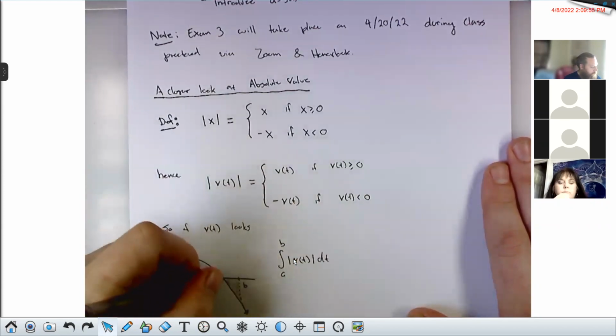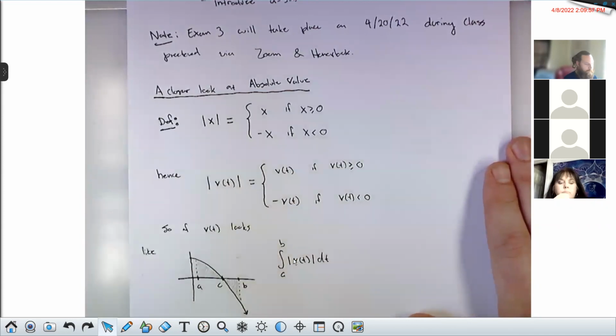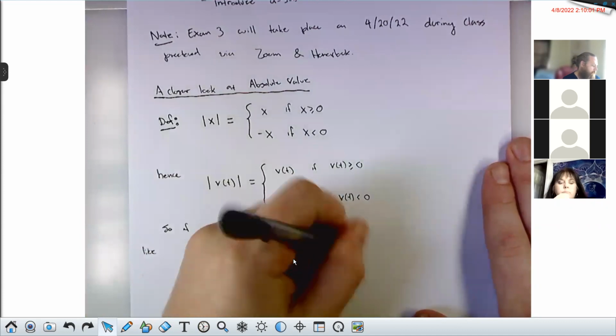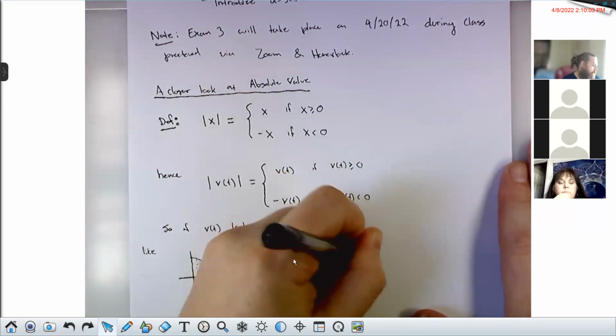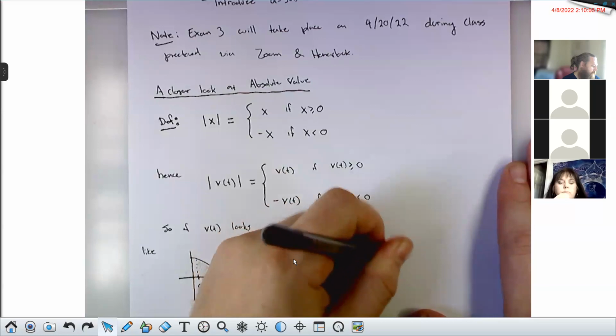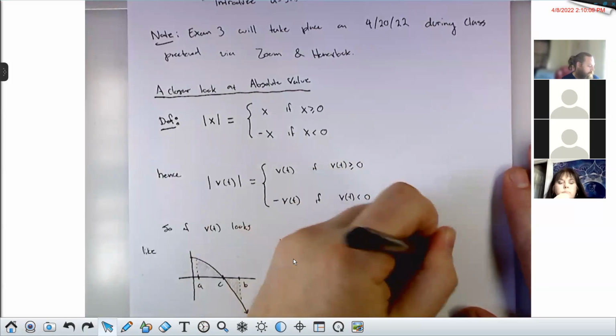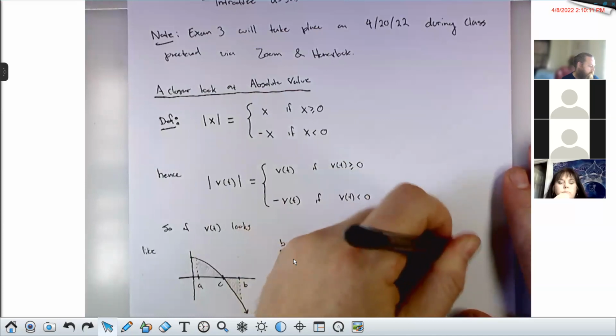If I mark this maybe as c, where it changes over from positive to negative, this would be the integral from a to c of the absolute value of v of t dt plus the integral from c to b of the absolute value of v of t dt.